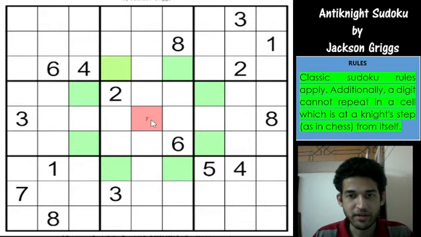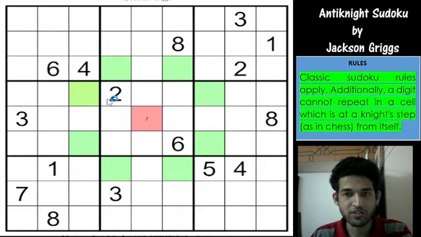A knight step is nothing but 2 steps in one of the directions and 1 step in the perpendicular direction. So either in the vertical direction or in the horizontal direction you move 2 steps and then you move 1 step in the other direction. So these are the rules of Antiknight.